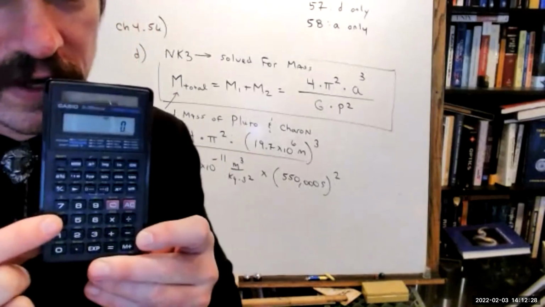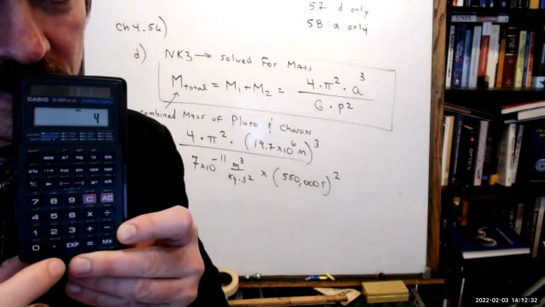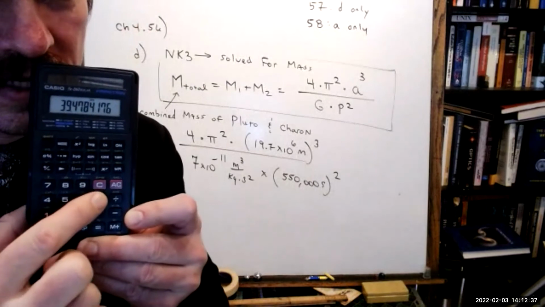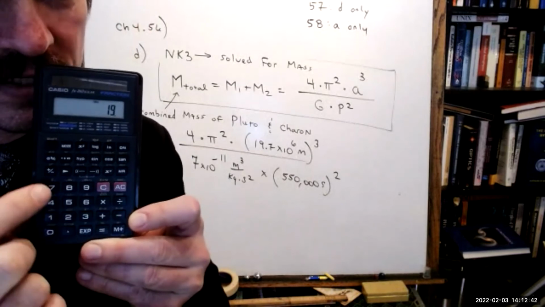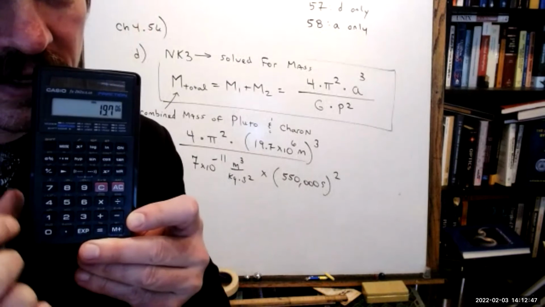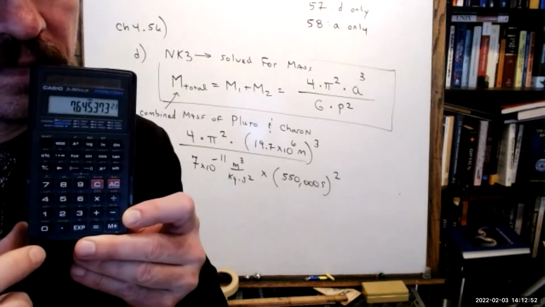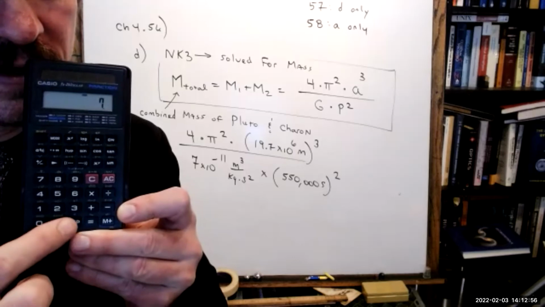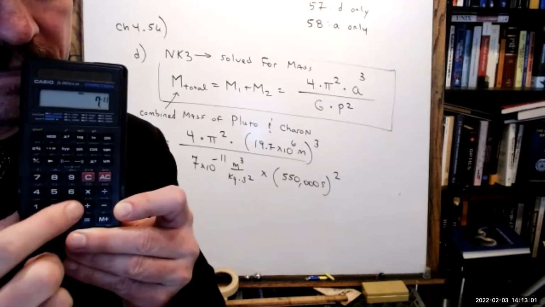4, I wish I could show the equation in my calculator like that. Okay, 4 times pi squared times 19.7 exp 6, gotta cube that, shift cube, divided by 7 exp negative 11.